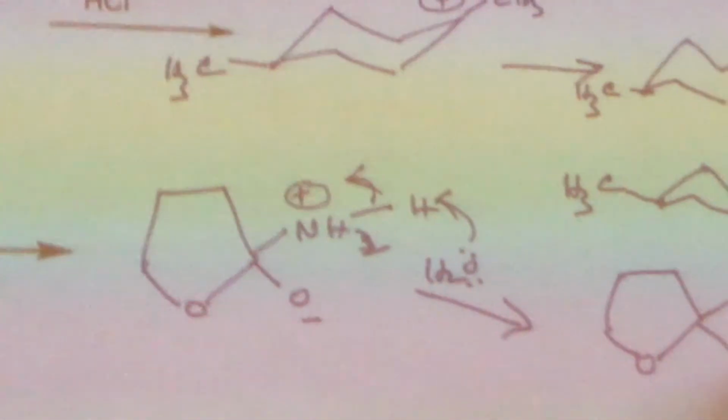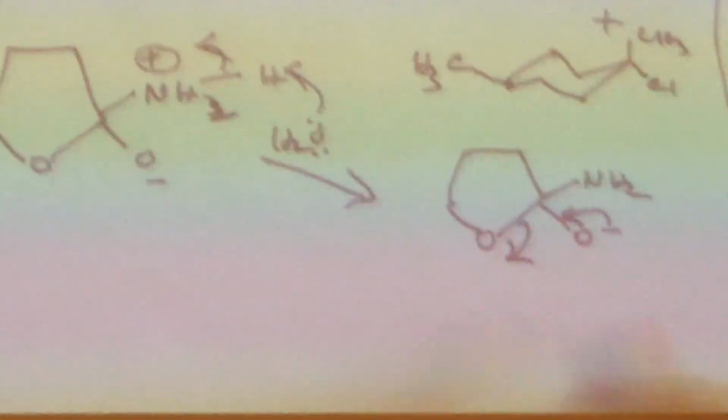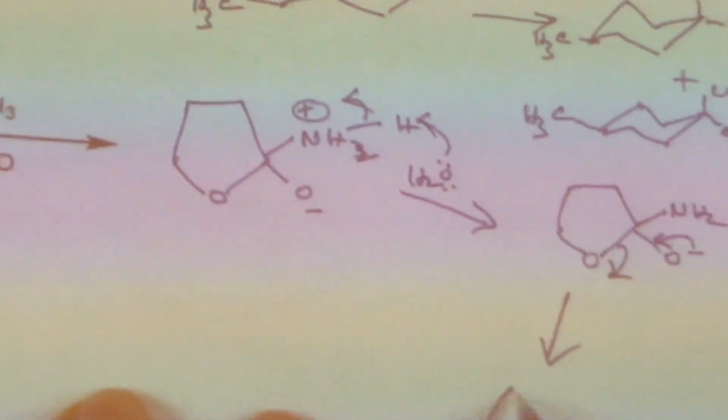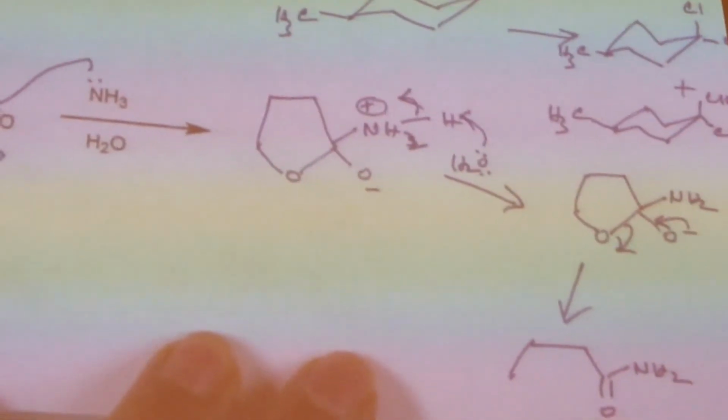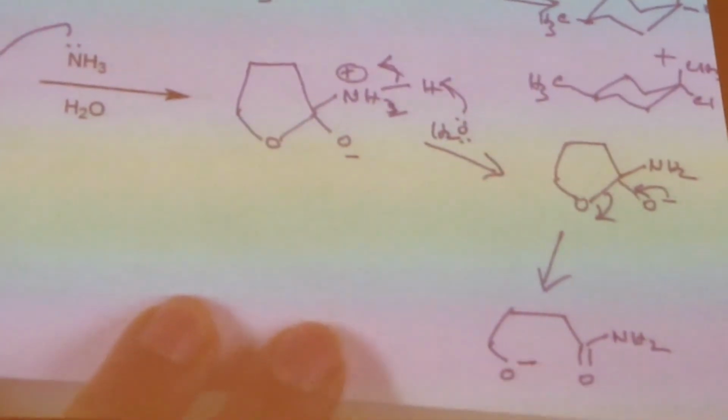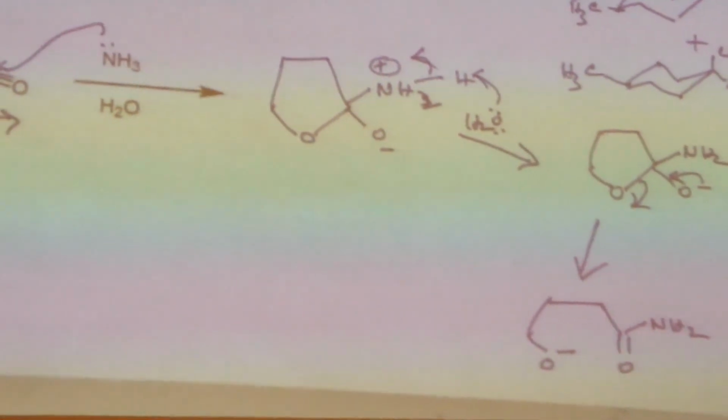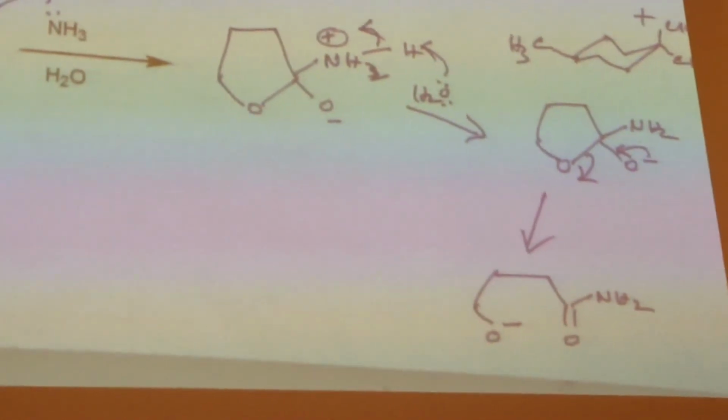So this becomes NH2, and O minus comes back. And you can leave it like the anion, although it would be likely that the anion can actually react with either water or ammonia and transfer a proton and become an alcohol.